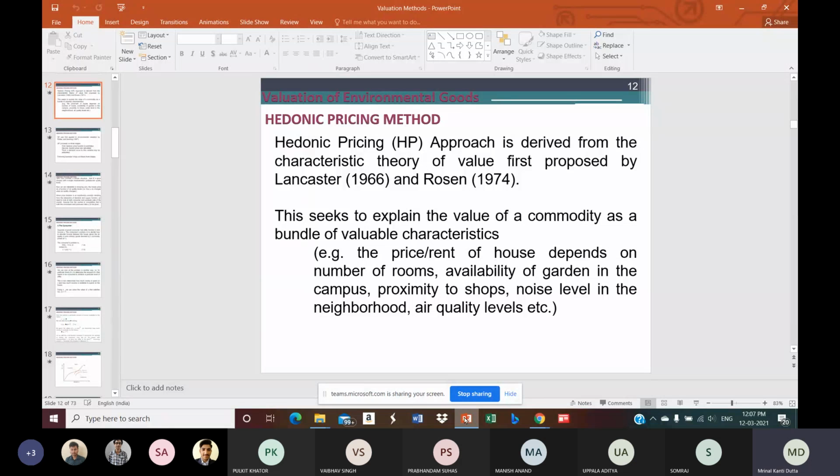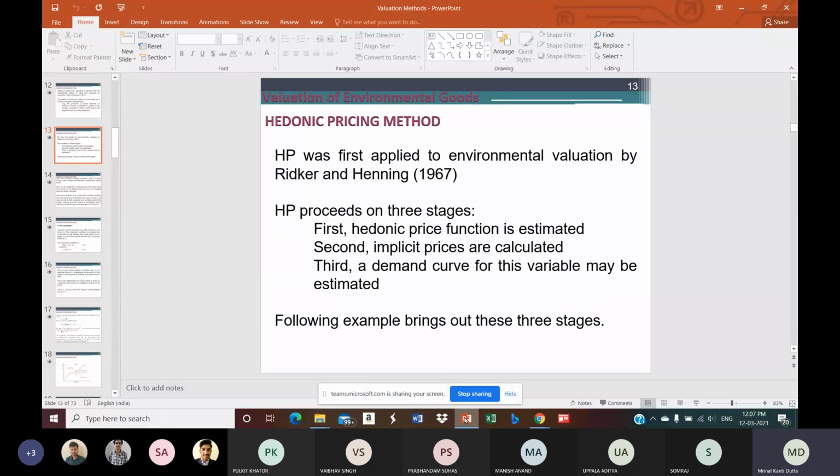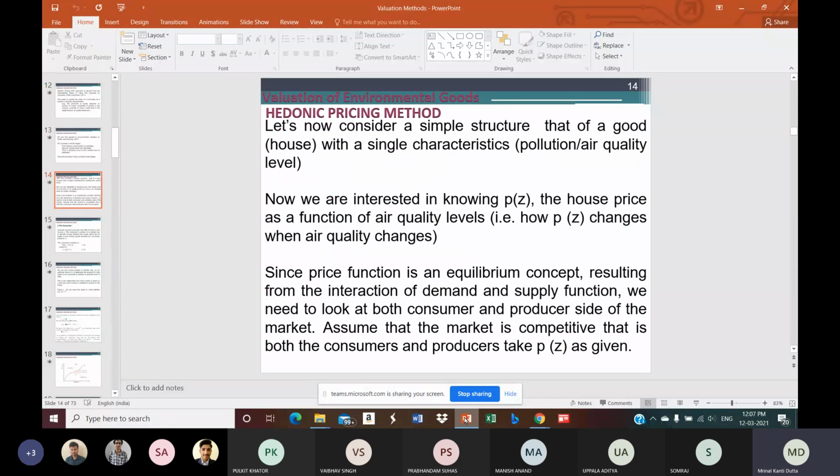So of course the details are available. We can go through the entire details of how it is done. But mostly we know that we try to find out a lot of information about the housing market in different localities. And there might be different characteristics: site characteristics, neighborhood characteristics, environmental characteristics, and based on that, the prices will be varying.